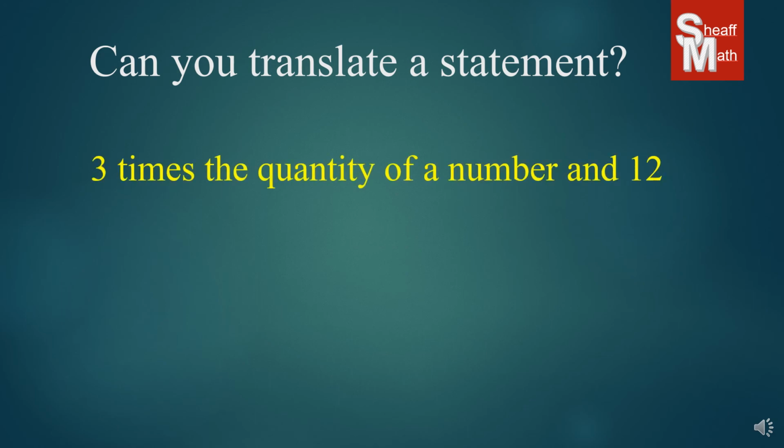Now this one is very complicated because you haven't seen a few things, and so I'm going to be explaining some things. So we have 3 times the quantity of a number and 12. Now we just talked about quantity being a parentheses, and so we are going to have a parentheses that 3 is going to be multiplying outside of. But what's inside that parentheses? It says a number and 12. Now that confuses a lot of students. What does a number mean?